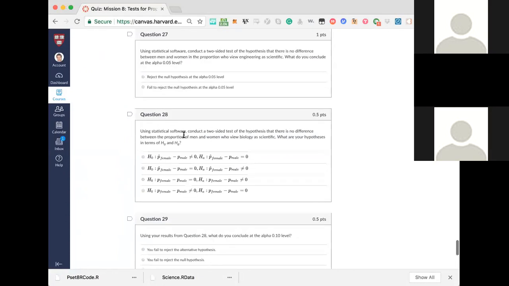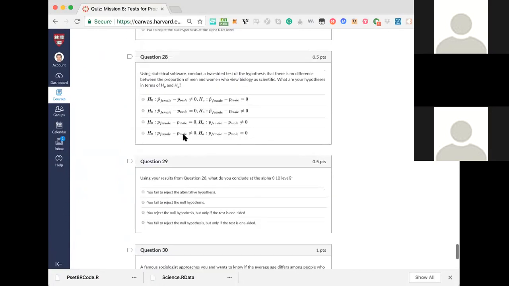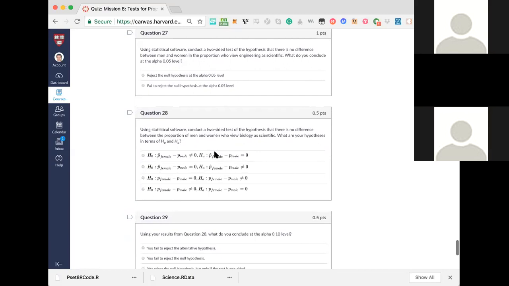And let's take a look at the last two questions. So question 29 says, using your results from question 28, what do you conclude at alpha of 0.10? Well, let's look at question 28 then. Question 28 says, using statistical software, conduct a two-sided test of the hypothesis that there is no difference between the proportion of men and women who view biology as scientific. What are your hypotheses in terms of H naught and H alpha?